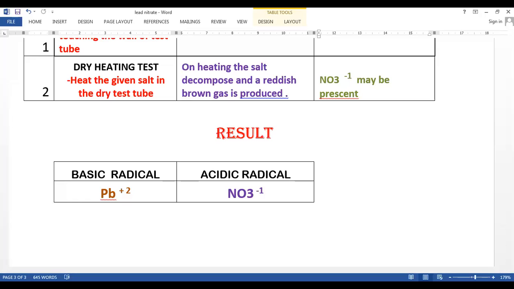Let us have a look at the last two tests. Let us see again the confirmative tests for NO3-. We are going to see the brown ring test. Please pay attention. Sorry, this is the dry heating test. It was not the brown ring test, but the dry heating test.